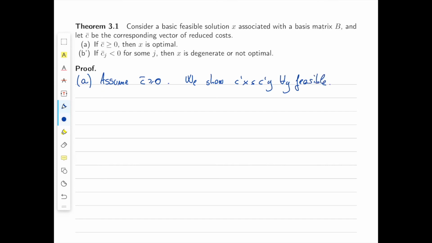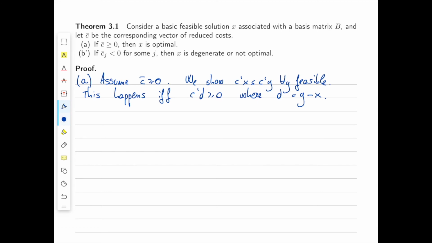This happens if and only if c transpose d is greater than or equal to 0, as long as we define d as y minus x. So this is just for notation simplicity.